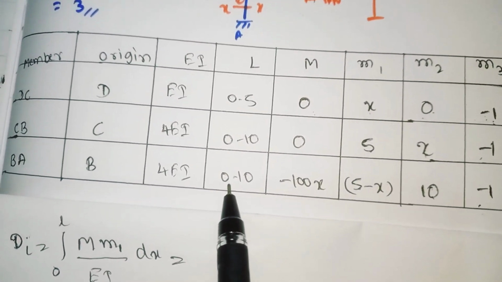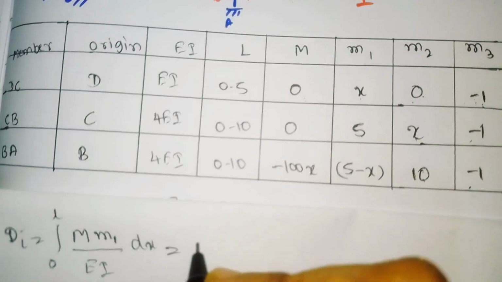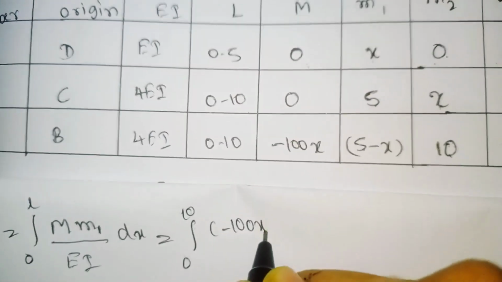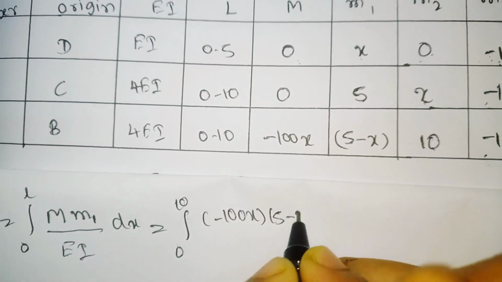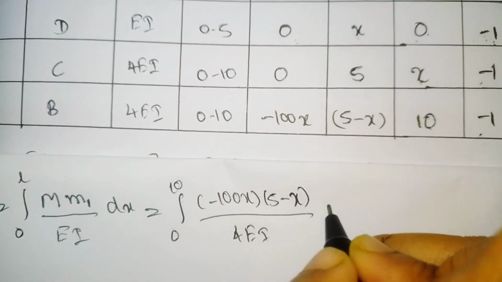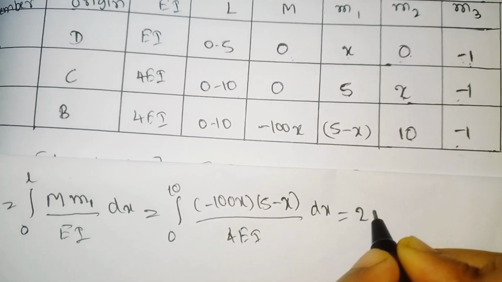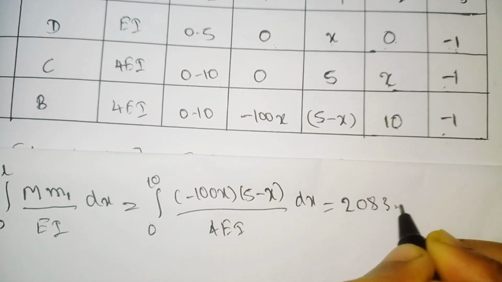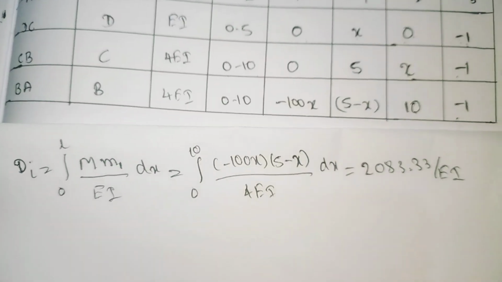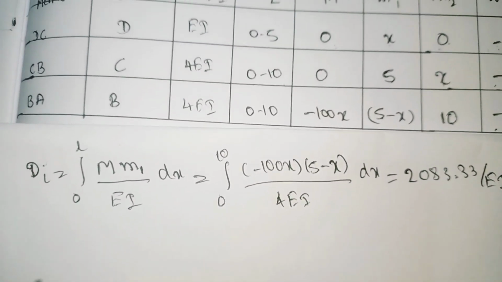So limit is 0 to 10, M is minus 100x and M1 is 5 minus x. So put here 0 to 10 into minus 100x into 5 minus x divided by EI, which is 4 EI, into dx. Now solve it by using calculator. It will come out as 2083.33 divided by EI. You all know how to calculate by using calculator, that's why I am directly writing the answer here for D1.